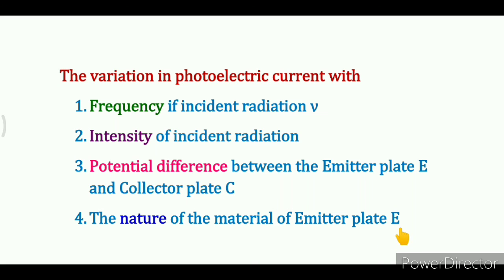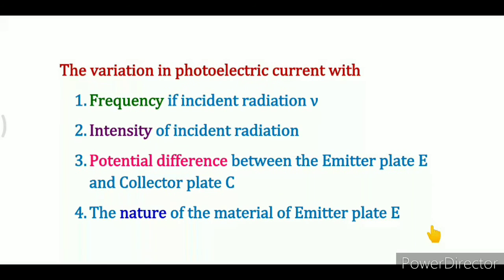So the part on the potential difference between the emitter plate and collector plate with positive potential for the collector plate C we have seen, and next we are going to use the commutator key, by which we can make the collector plate negative.